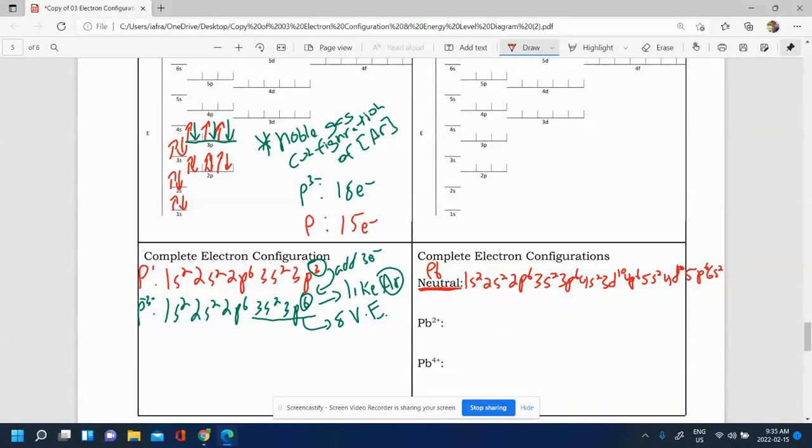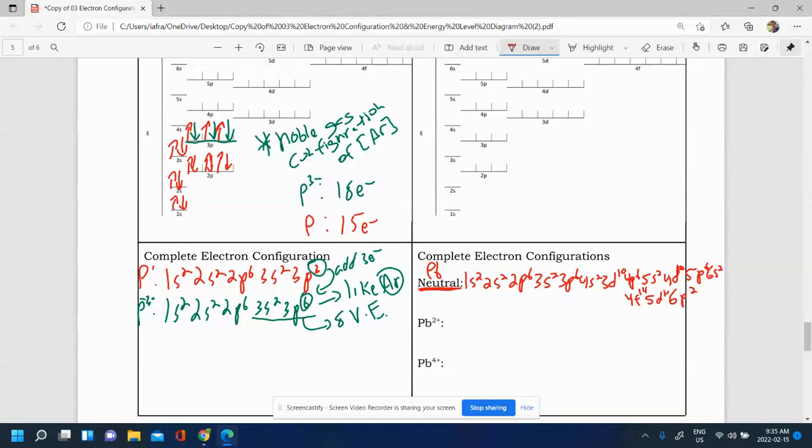Oh, I'm running out of room there. Then 4f14, let that continue down there, 5d10, make a bit more room, and 6p2. Wow, that was a long one.